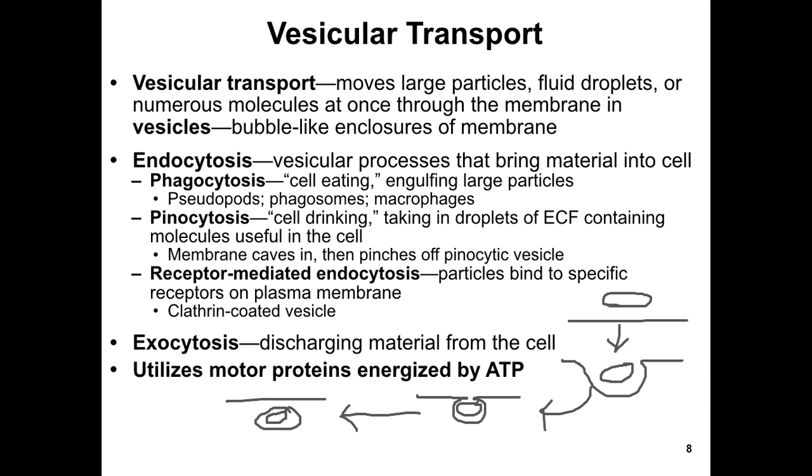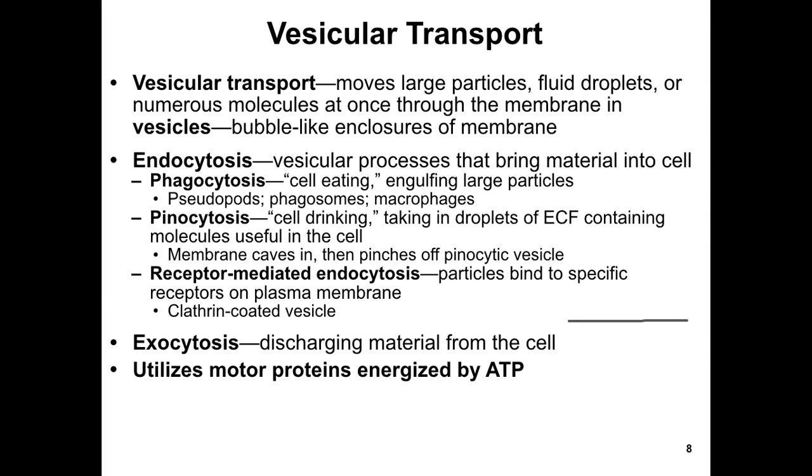The third method of endocytosis is what's called receptor-mediated endocytosis. And this is the way that you absorb a whole bunch of small things all at once. So in this case, instead of a bacterial cell, you have a whole bunch of receptors in your membrane, right?